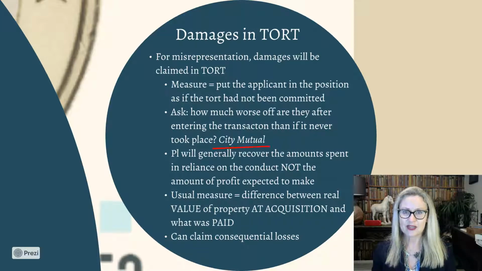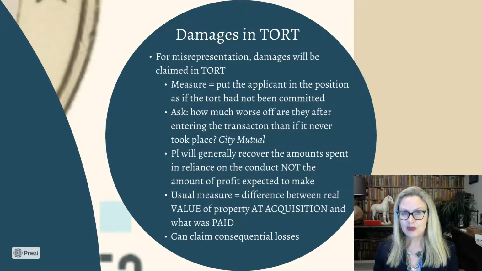That's the City Mutual test. And generally speaking, the plaintiff's going to be able to recover the amount spent in reliance on the conduct, not the amount of profit that they would have expected to make if the contract had been carried to completion.